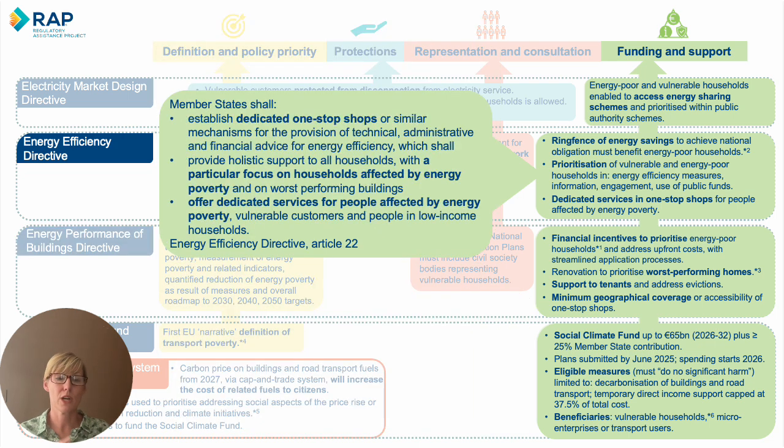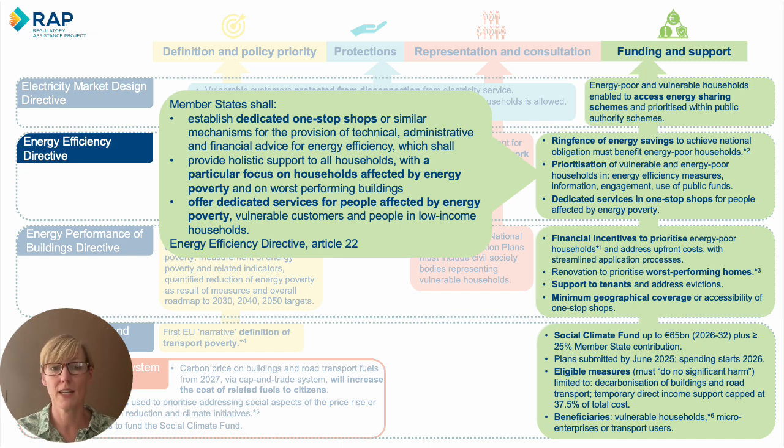So in addition to finance and other areas of support, we know we need access to information and hand-holding, to make sure that these programmes are accessed and that we actually get successful outcomes through the programmes. So starting again with the EED, it's a star in this regard, as it requires member states to now establish networks of one-stop shops to provide holistic end-to-end support for households.